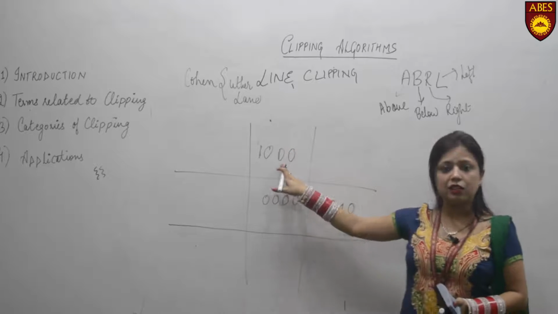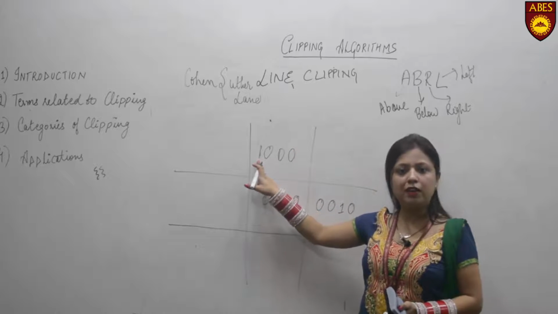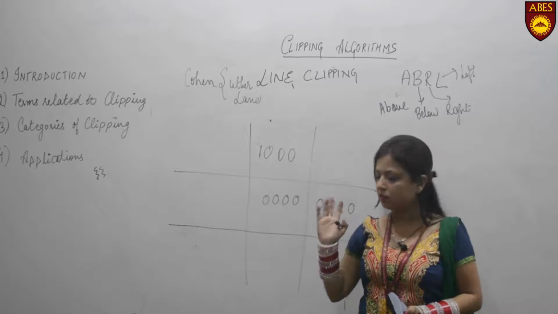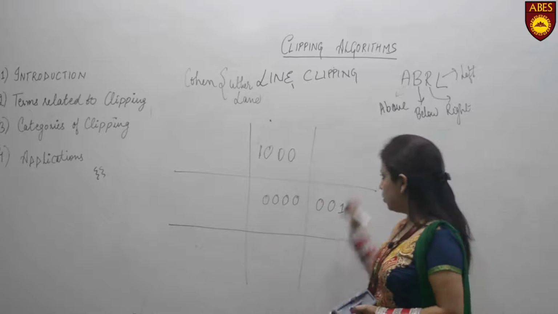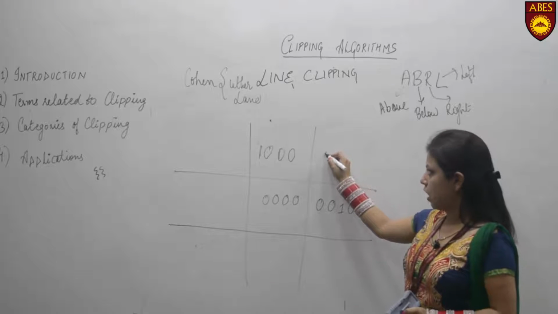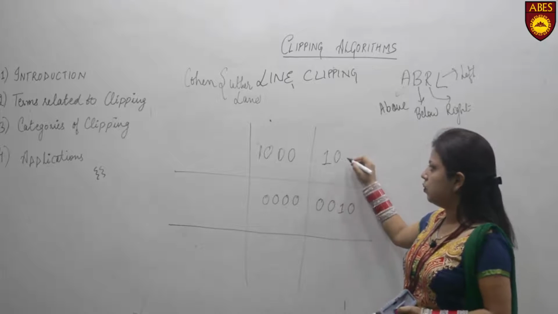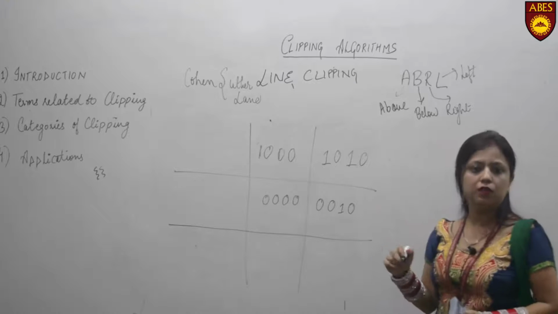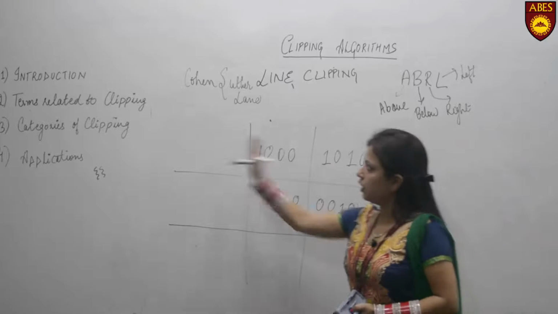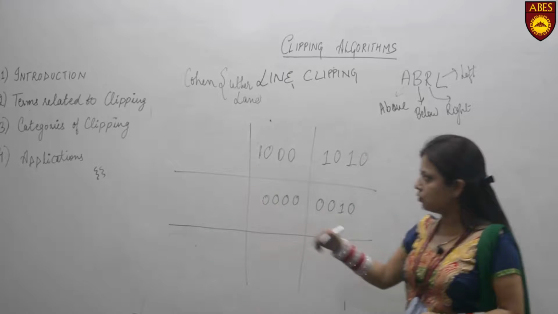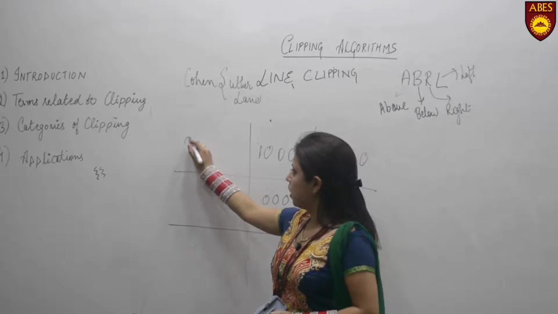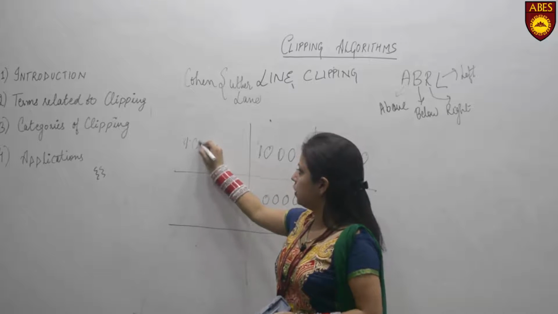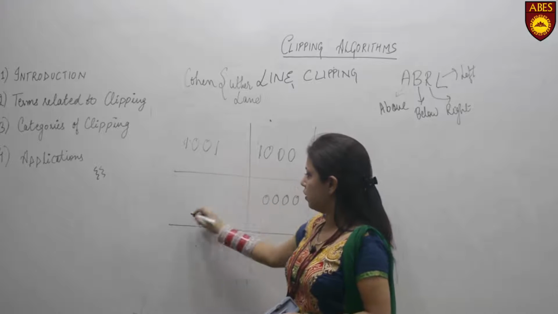Whenever a condition is satisfied, we'll set that particular bit to 1, otherwise we'll set that bit to 0. Similarly, if you go over here, the point is above the window, not below the window, it is right of the window, but it is not left of the window. In this way, we can define the 9 region codes. Over here, it's above the window, not below, not right, but to the left.